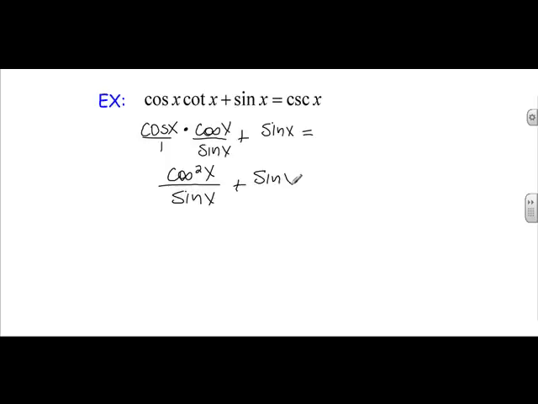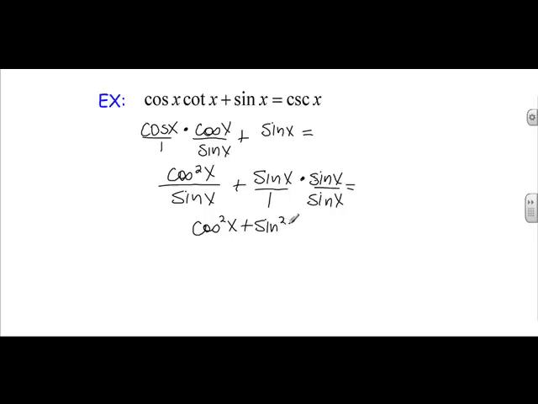Now I need to add those two quantities together, so I'm going to make sine of x a fraction, and I'm going to get a common denominator by multiplying by sine of x over sine of x. So now I'm looking at cosine squared x plus sine squared x, all divided by sine of x.